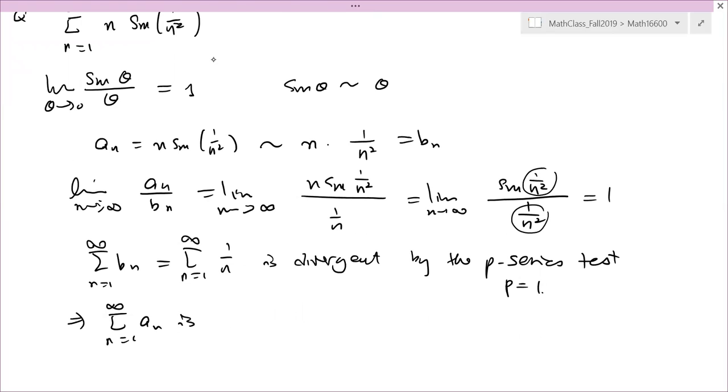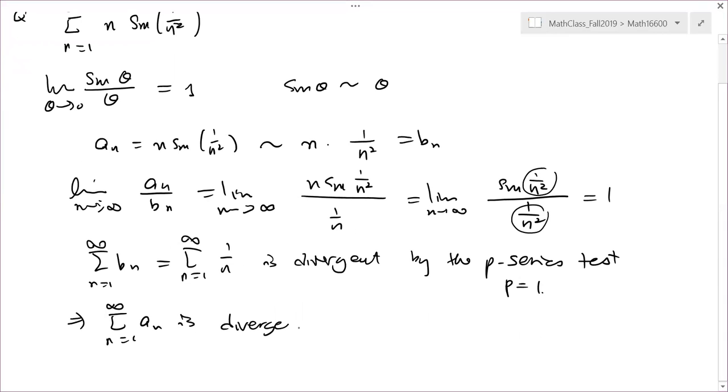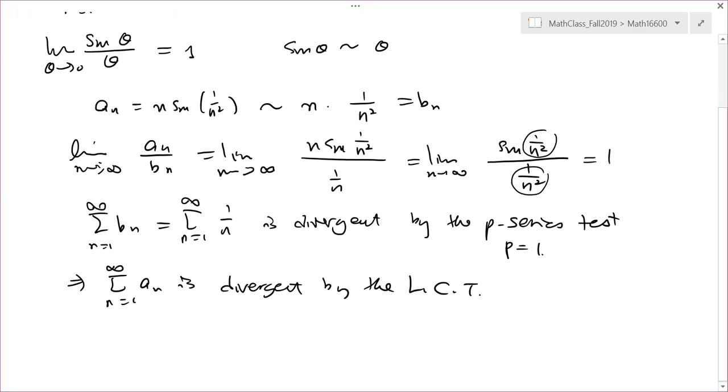Otherwise, if you just say divergent and do some computation, but you do not point out which test you're using, then you lose a point. So this will be the complete solution. First of all, you identify the Bn.